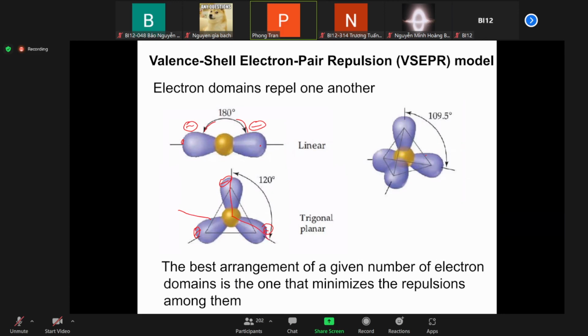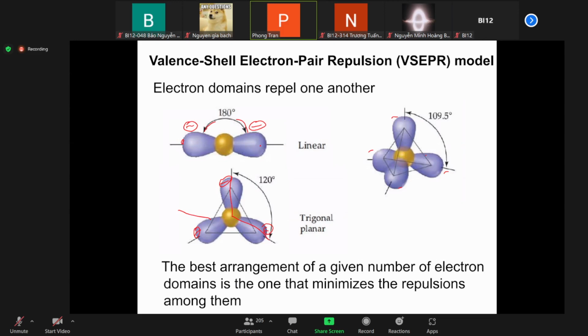In the case you have 4 electron domains, the arrangement now will be tetrahedral, where the angle between two domains and the center will be 109.5 degrees. This arrangement will give the optimal interaction of this negative charge.